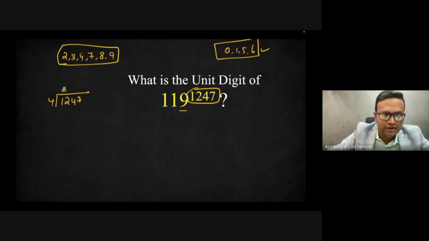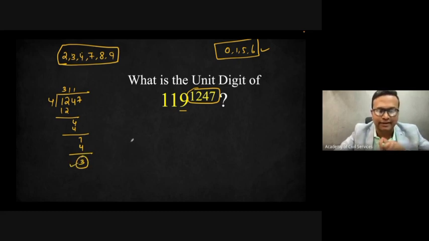Here in 12, 3 times 4 is 12, then 4 is left over, 1 times 4 is 4, then 7 is left over, 1 times 4 is 4, and the remainder is 3. This is called the remainder.